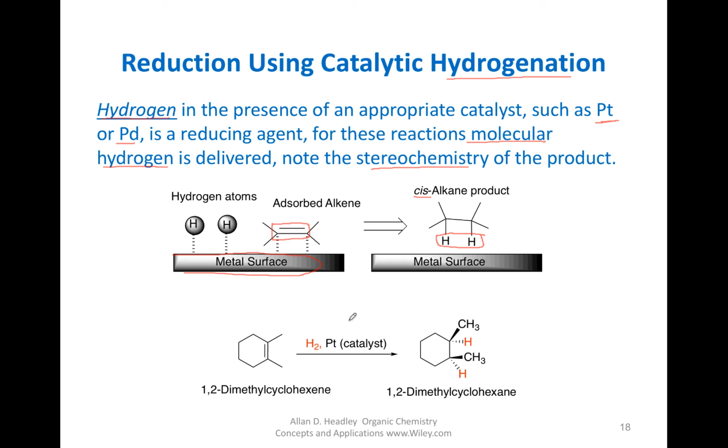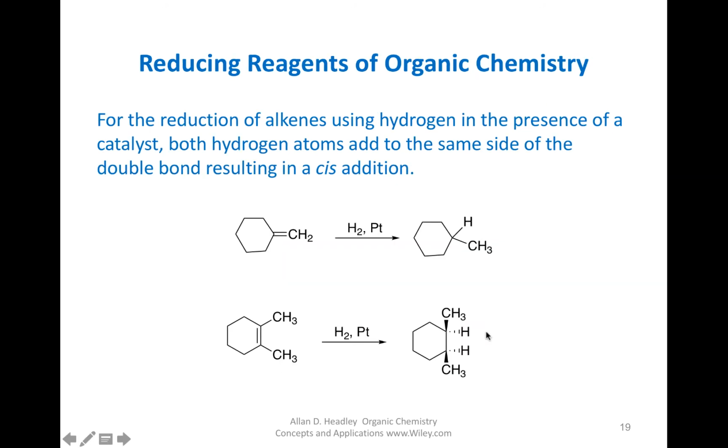That's why it's stereospecific. So in this reaction here, using hydrogen and platinum as a catalyst, notice the stereochemistry, same side. So again, in writing the products for these reactions, make sure you include the stereochemistry, because that's very important.